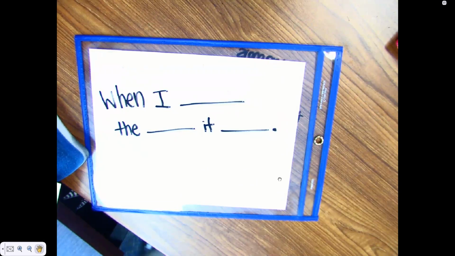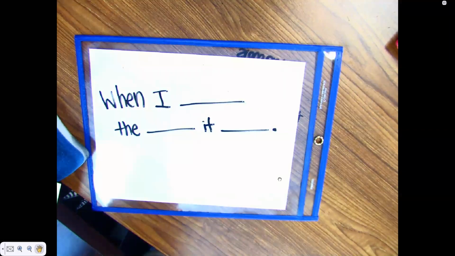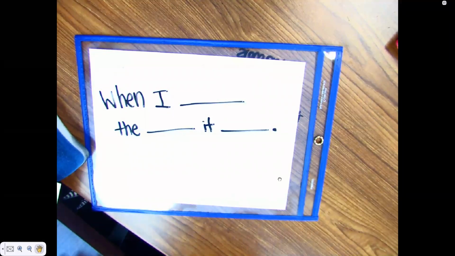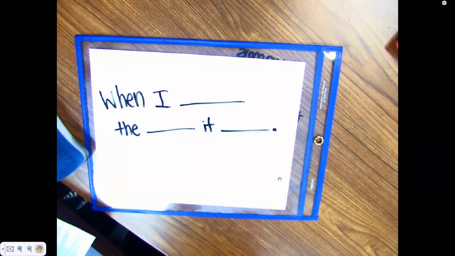When I push the chair, what does it do, Emily? It starts to move. Which direction is it moving? Wait, were you pushing the chair or pulling the chair? Pushing. Okay. It moves forward, right? When I'm pushing the chair, it moves forward.